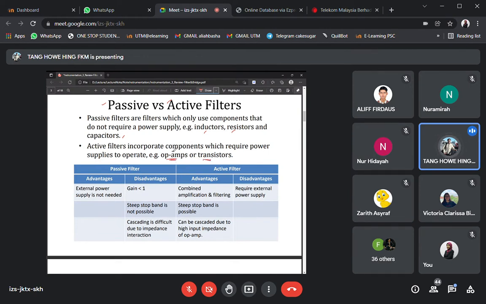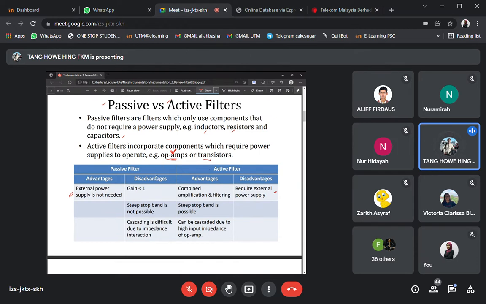Okay, so we are also going to learn how to design active filters using op amps. Now, passive filters. The advantage of passive filters is that we don't need an external power supply, right? Active filters, on the other hand, require a power supply.